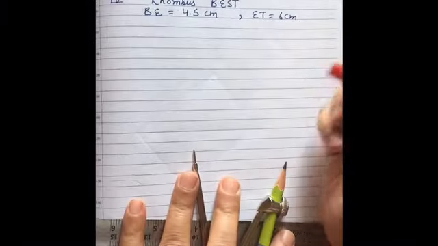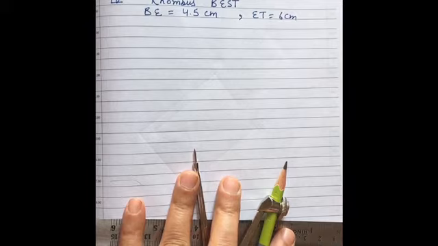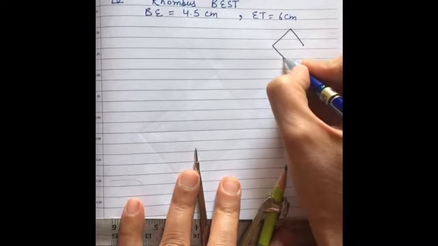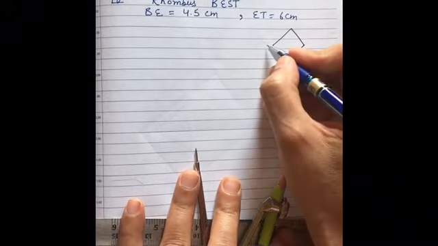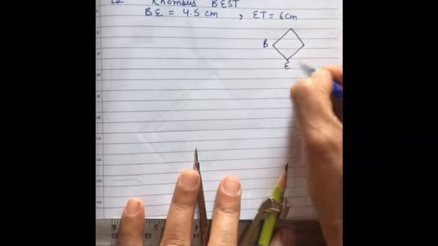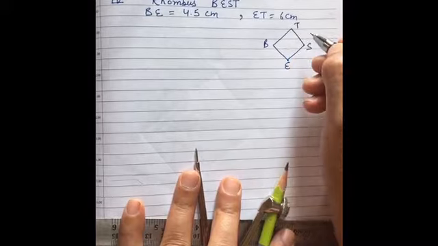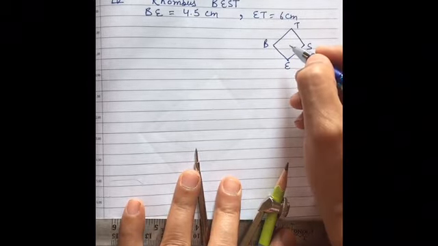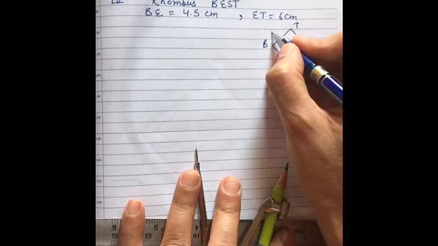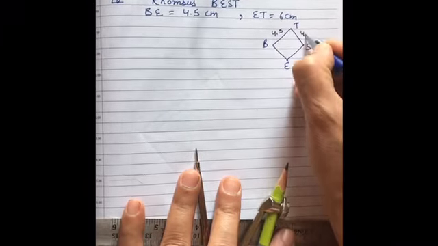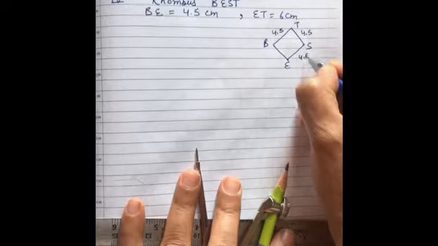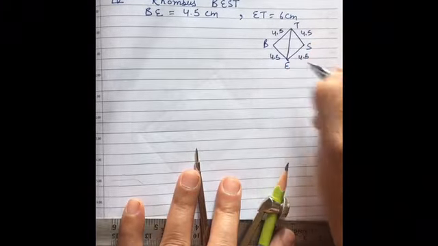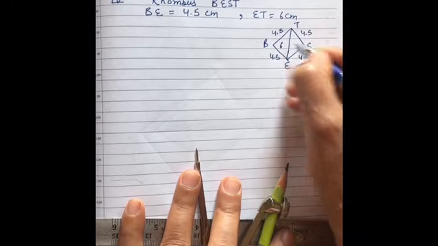Last question of this exercise, we have to draw a rhombus. Let's make a rhombus first. This is your rhombus. Name it BEST, B-E-S-T, which is the name given in the question. Now you know that all the sides of a rhombus remain equal, so it will be 4.5, 4.5, 4.5 and 4.5, and ET, one diagonal which is given to you, is 6 centimeter.